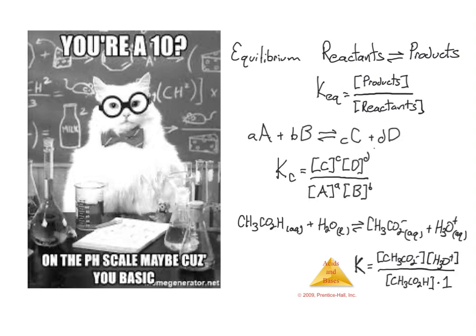So for a generic reaction, we can see that for reactants going to products, the equilibrium constant based on concentration is equal to the concentration of each product raised to the power of the coefficient of that product over the concentration of each reactant raised to the coefficient with respect to each reactant.